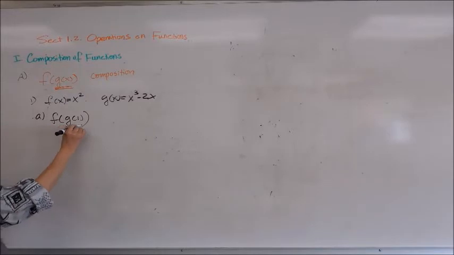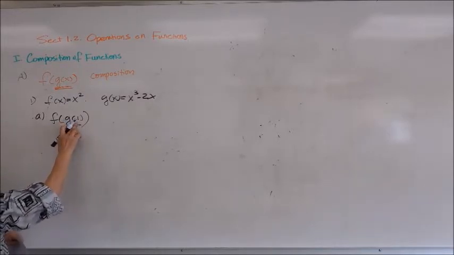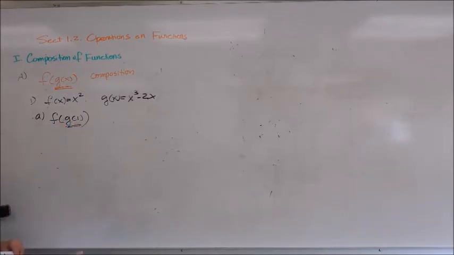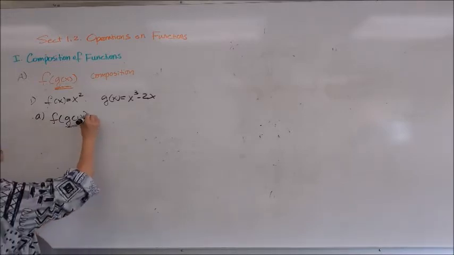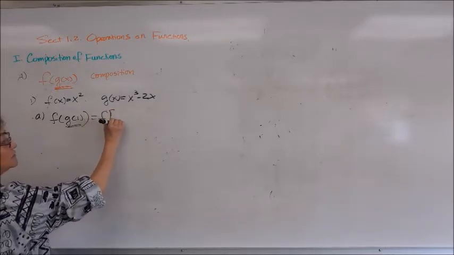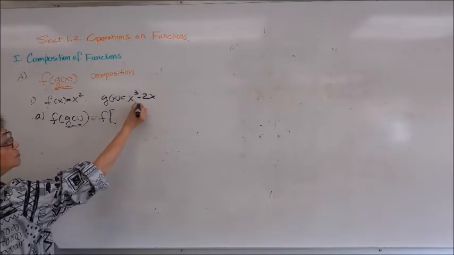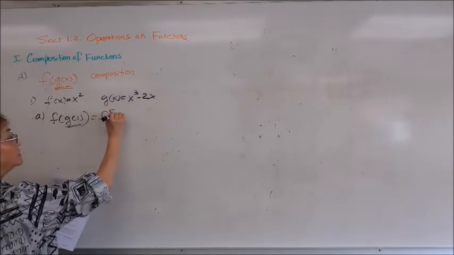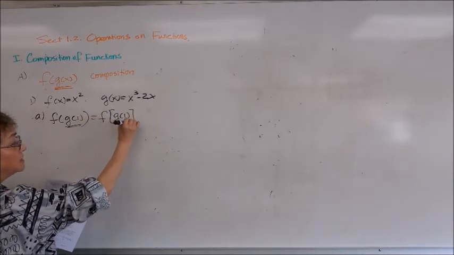That means whichever is closest to the variable, you find the value first, then you put it into the other function. So you would do g of 1 first. You plug in 1.